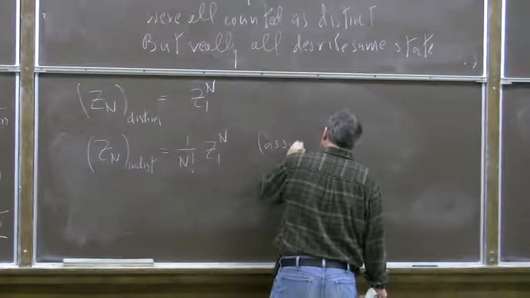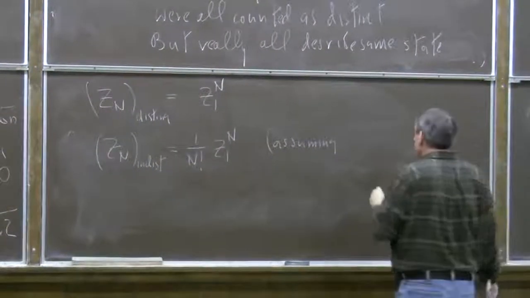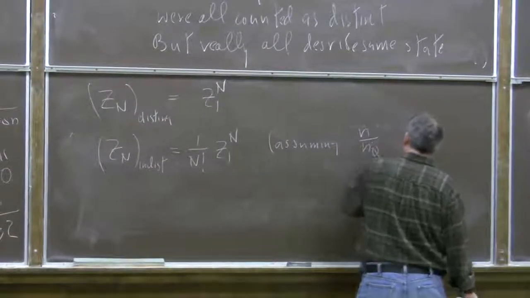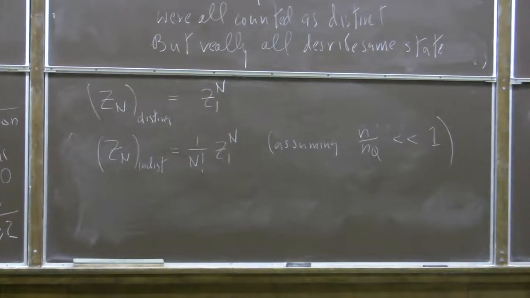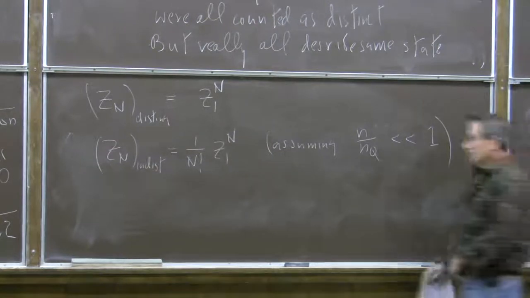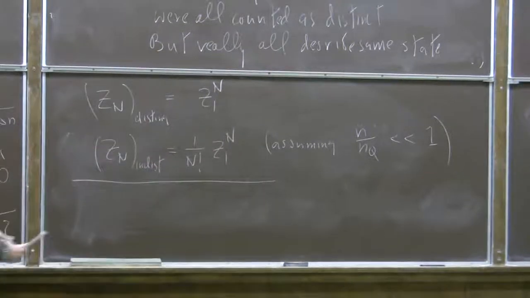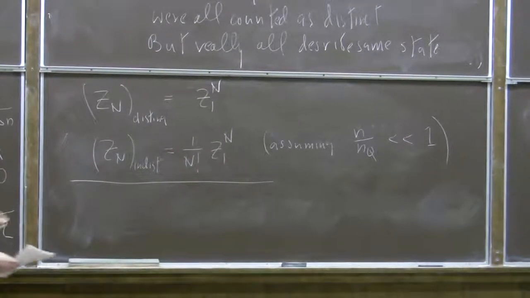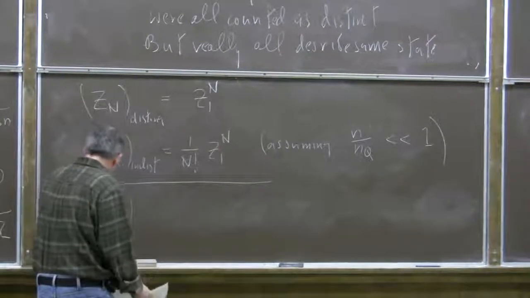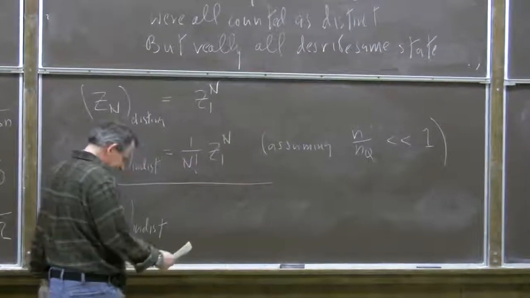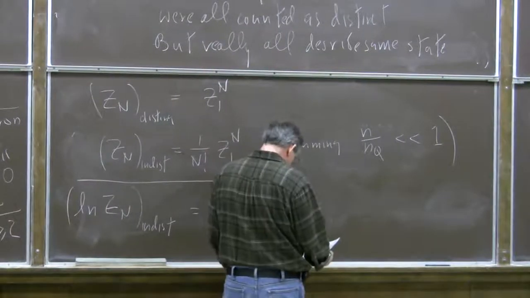So we're assuming, as we did actually in this calculation as well, that the gas is dilute, that n over nq is small compared to 1, what I'm calling the classical regime. All right, so now we can fix up our formulas. When we take the log of the partition function for n particles when they're indistinguishable, that's going to be the log of what we had before when we treated them as distinguishable.